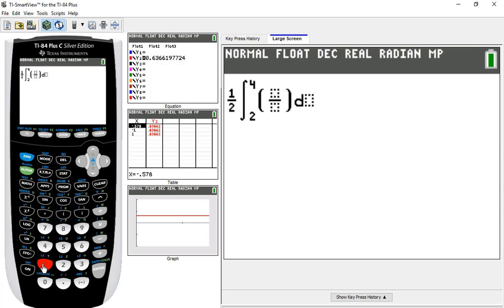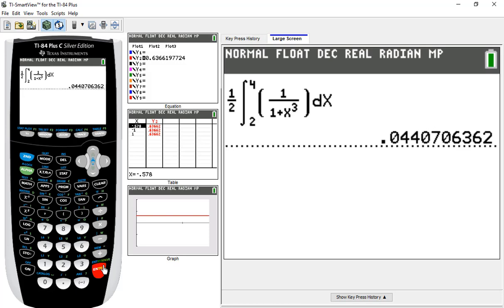The top of our fraction was 1, and the bottom of our fraction is 1 plus x cubed. Come on, all the way out. There we go.